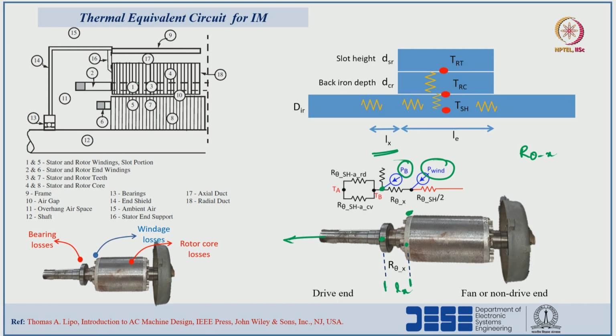So, with respect to node 1, node 5, stator and rotor winding, stator and rotor teeth and stator core and rotor core, I am representing the thermal network as a T type, where the heat generating source is there at the center point. Even though for windage losses and bearing losses, with respect to the mechanical losses, a heat generating source will be there, to minimize the complexity I am not considering the T type network. Directly the two thermal resistances in series fashion I am representing.